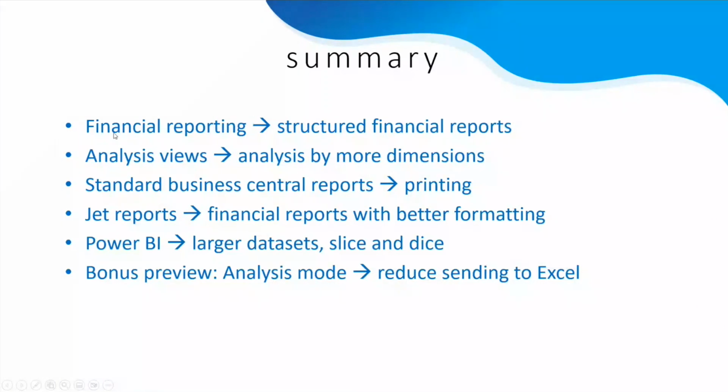Analysis views are to do analysis by more than just the global 1 and 2. The standard Business Central reports, sorry, I didn't actually talk about those, but that's where you run your standard trial balance or your customer aging. Those standard reports are used if you need to print something out.